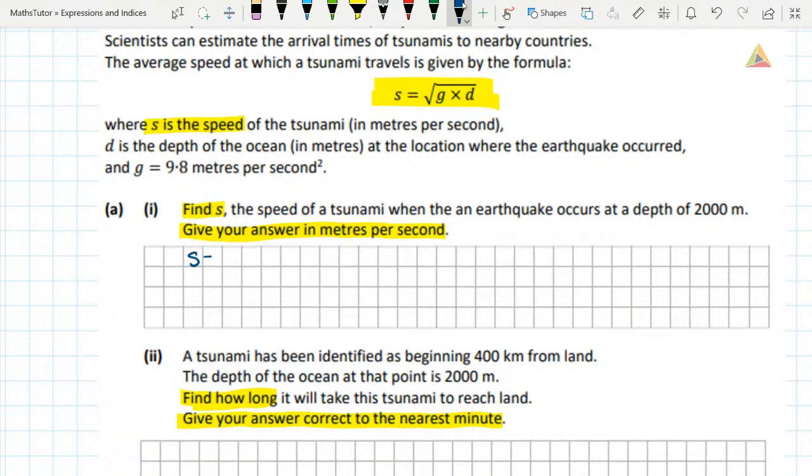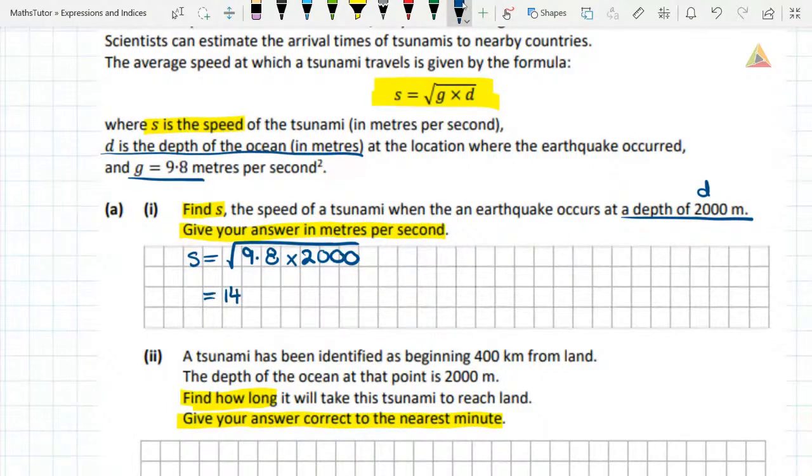S is equal to the square root of g, which is 9.8, multiplied by the depth of 2,000 meters. D is the depth in meters, so I don't even need to change my units. So D is equal to 2,000. So the square root of 9.8 multiplied by 2,000 gives me 140 meters per second.